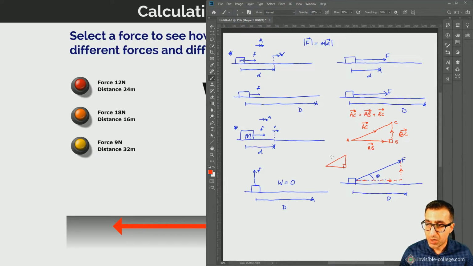When you have a right-angled triangle, the diagonal is called the hypotenuse. The angle we are referring to, theta here, the side opposite that angle is called the opposite. The side adjacent to the angle is called the adjacent. What we're interested in here is this component which corresponds to the adjacent of this right-angled triangle.